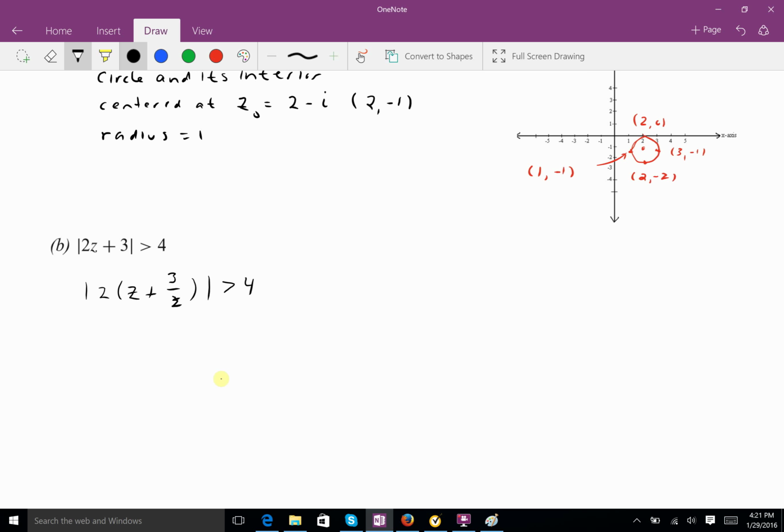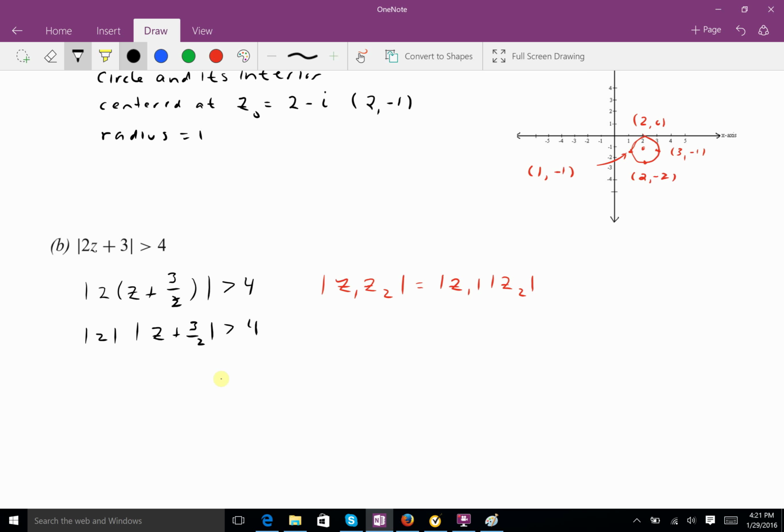And I'm going to use the fact we have this rule. You probably remember this before. We have a rule that says if we have 2 complex numbers being multiplied, the modulus of their product is the product of their moduli. So it follows from this that I get the absolute value of 2 times (z + 3/2) is greater than 4.